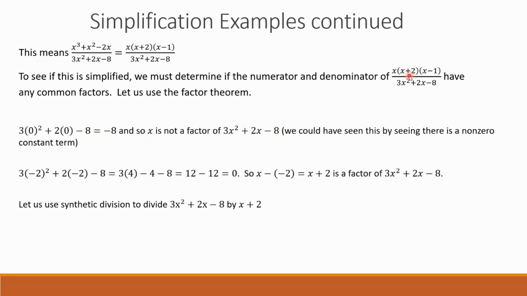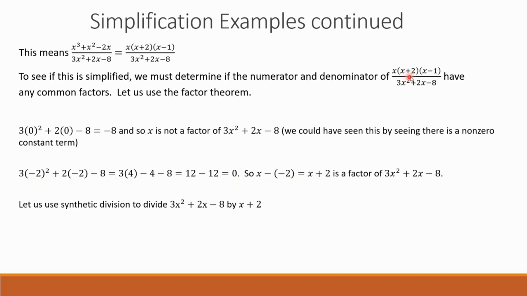It's enough to check if -2 is a root of the denominator. Well, if you do 3 times -2 squared plus 2 times -2 minus 8, that turns out to be 0. So by the factor theorem, x minus -2, which is x plus 2, is a factor of the denominator. That's really what I'm trying to say here.